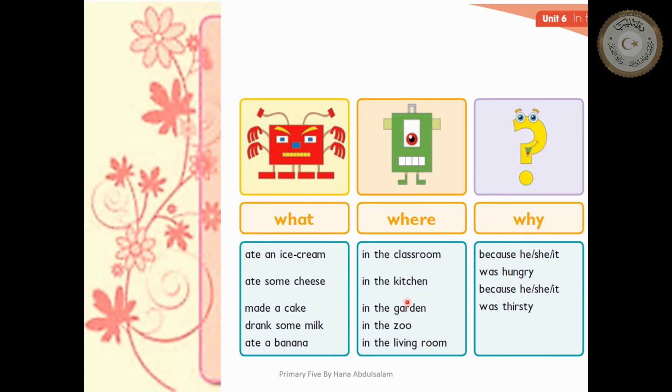Okay, we have another tree. Red one with four legs. It is a rectangle. Here, one is green with two legs but one eye, and here a question mark. We read the WH words, questions.